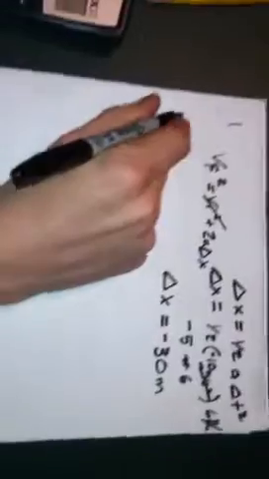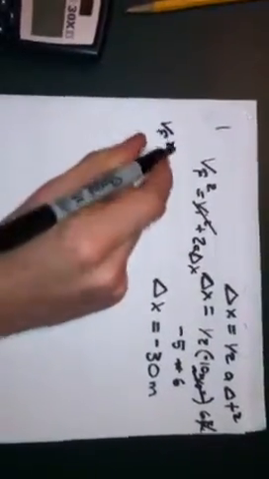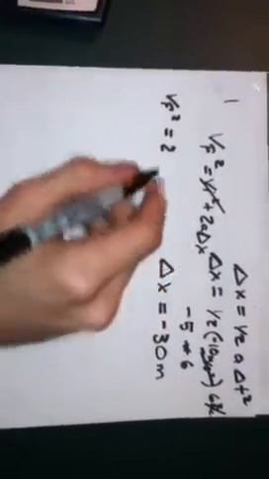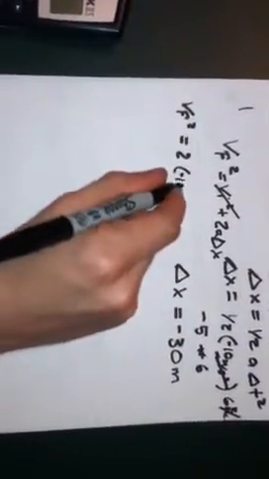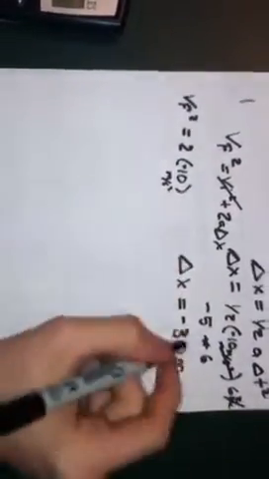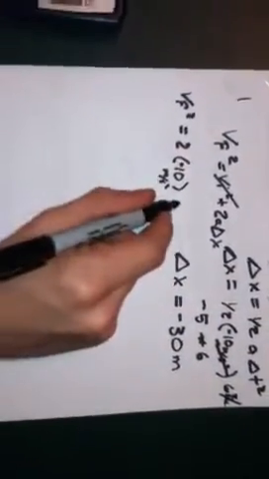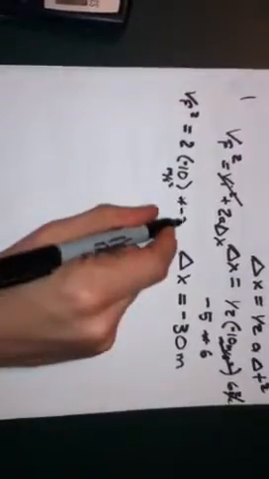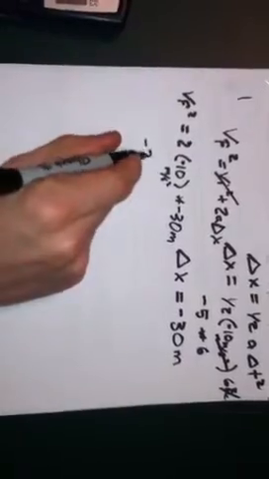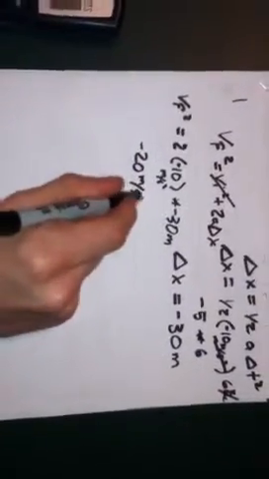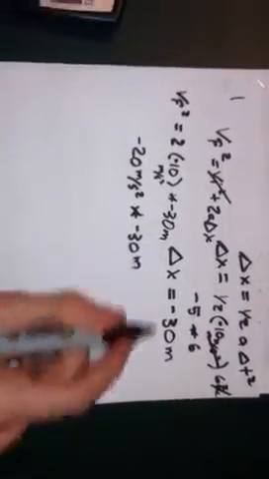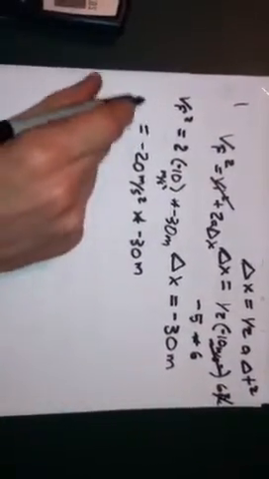So finishing off the equation, filling in everything we know: velocity final squared is equal to 2a, so -10 for gravity, times change in x. We found our change in x right here, -30 meters. So we have -20 meters per second squared times -30 meters.